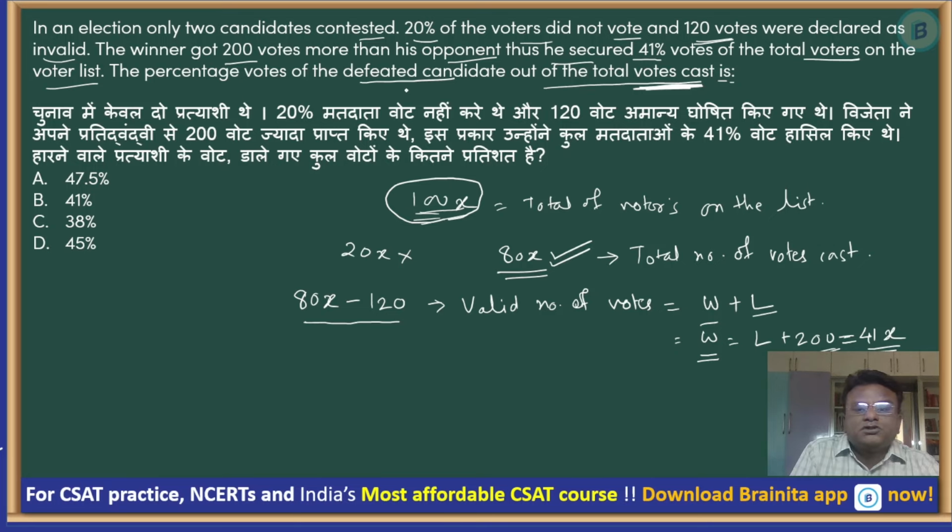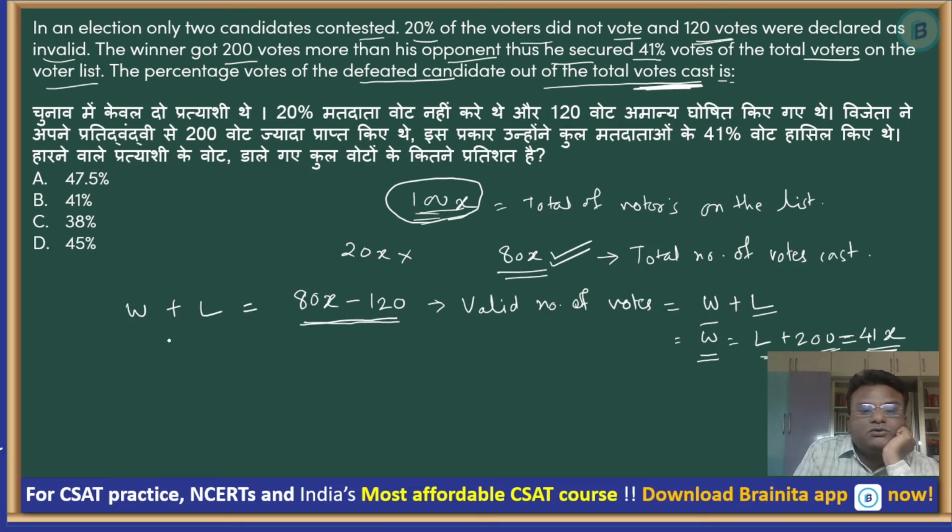We need to find the percentage of votes of the defeated candidate out of total votes. Right, I am going to take this value and this value, and I'm going to equate them. So I'm going to say winner plus loser is equal to 80x minus 120, correct?